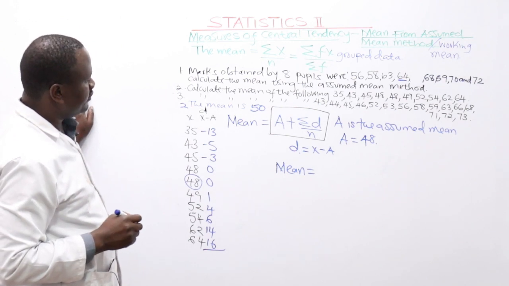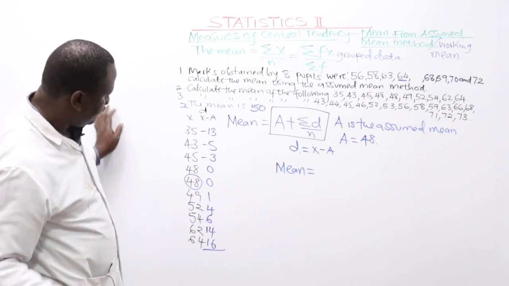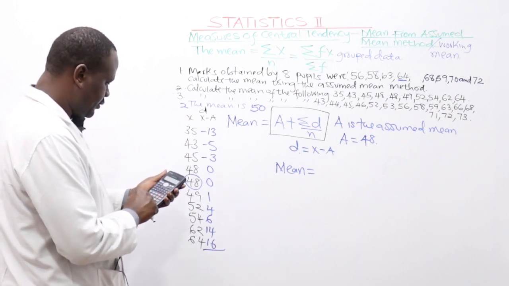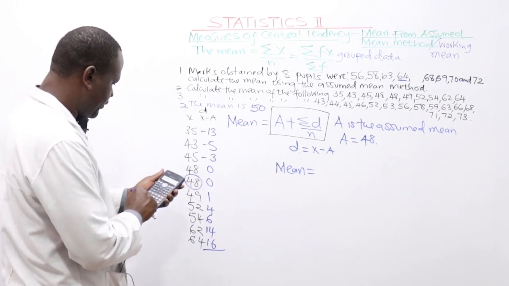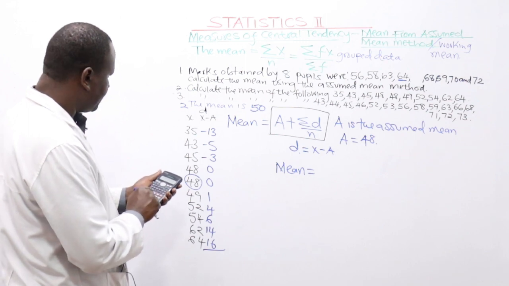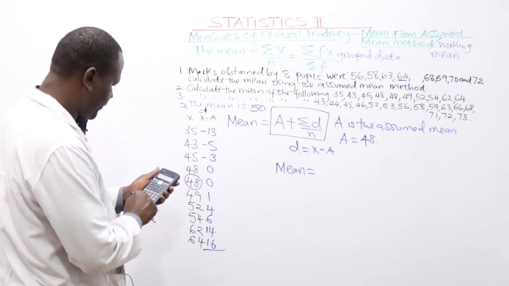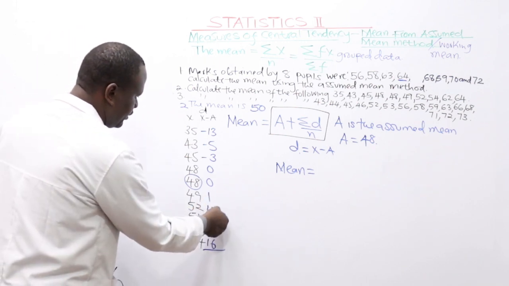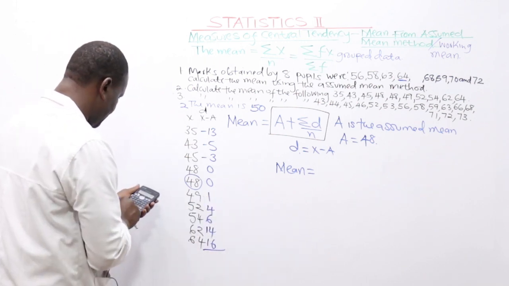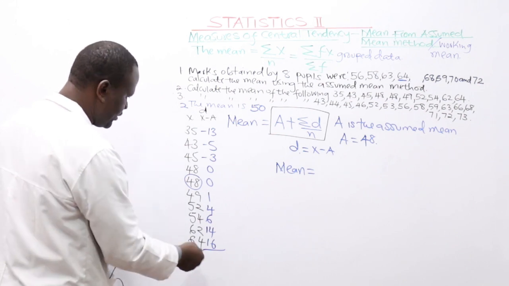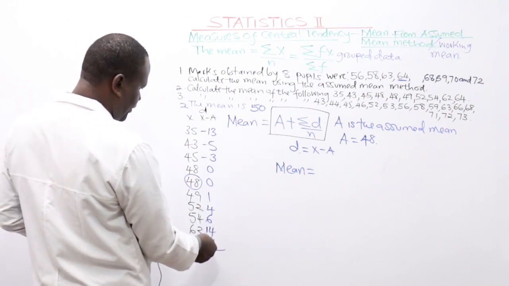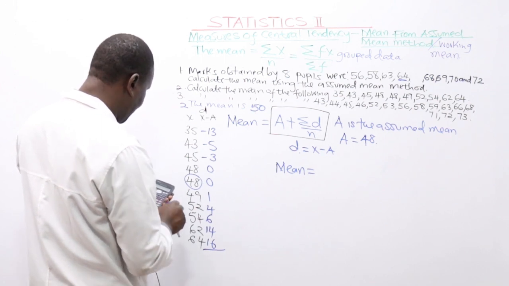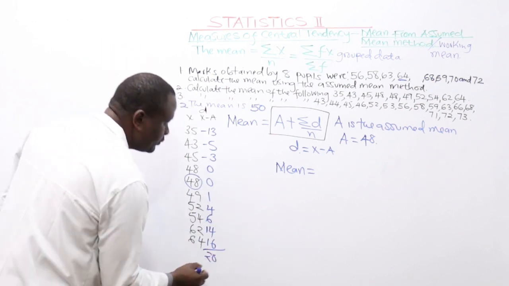So you take the calculator: -13 plus -5 plus -3 plus 10, 11, plus 14, plus 16, we get 20.